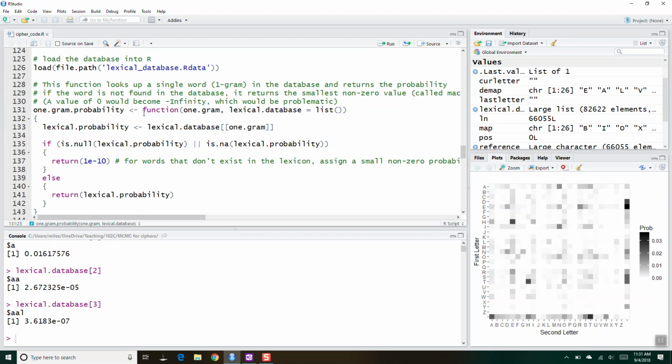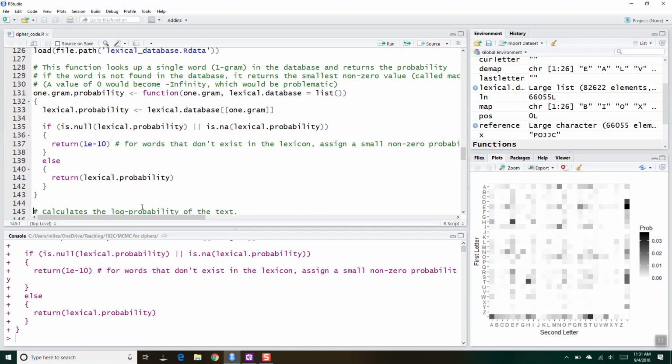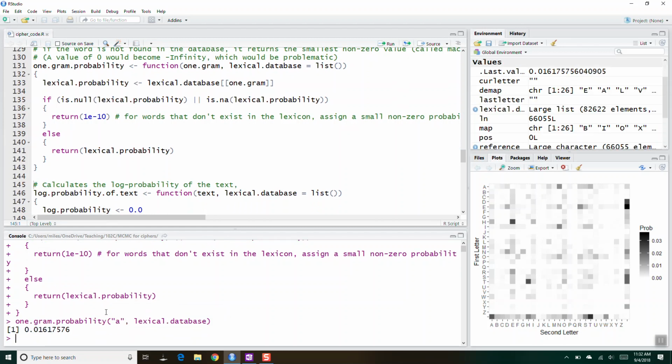And so here we're calculating the 1 gram probability. This just looks up the word and tells you the probability. So if I say 1 gram probability of the word A given our lexical database, it looks up that word, right?